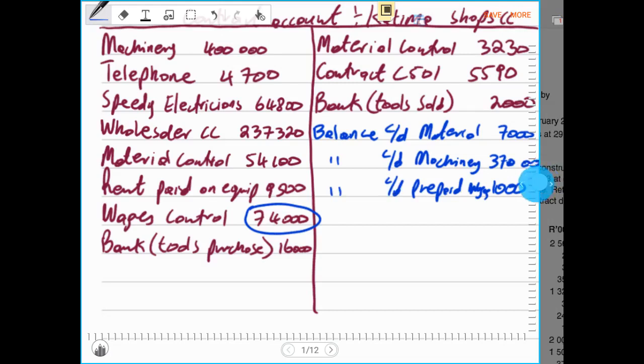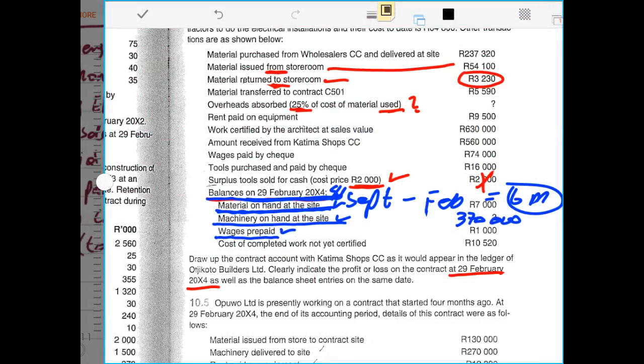Then after that we continue in the same note. Now we have the cost of work completed but not yet certified, 10,520. This is the work that was completed, but the architect or the land surveyor or the evaluator of this contract did not come to certify the work. Not to say the work is not of quality, but it's not yet certified.